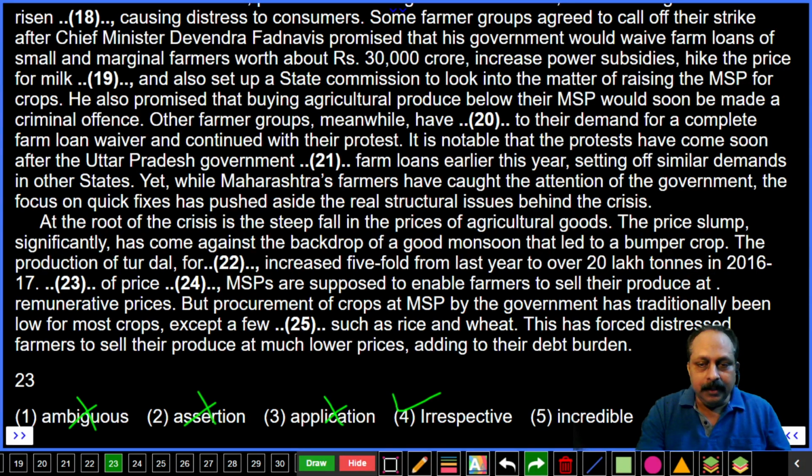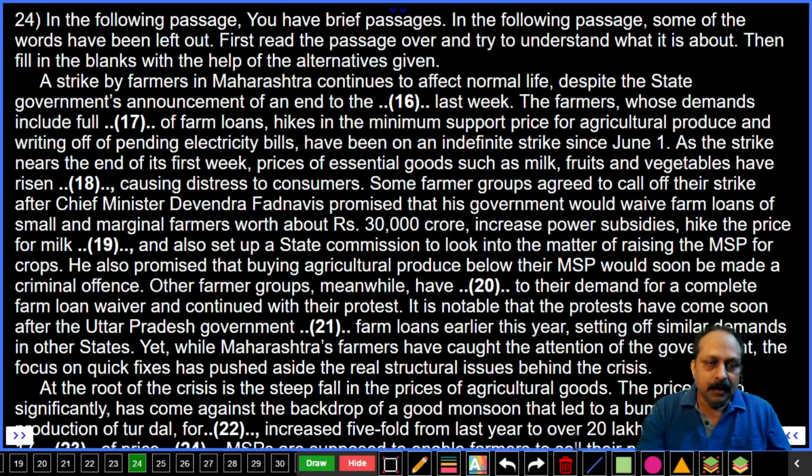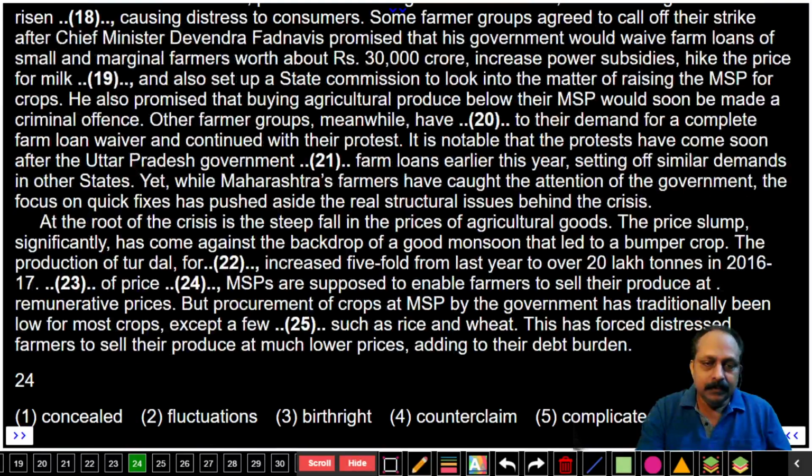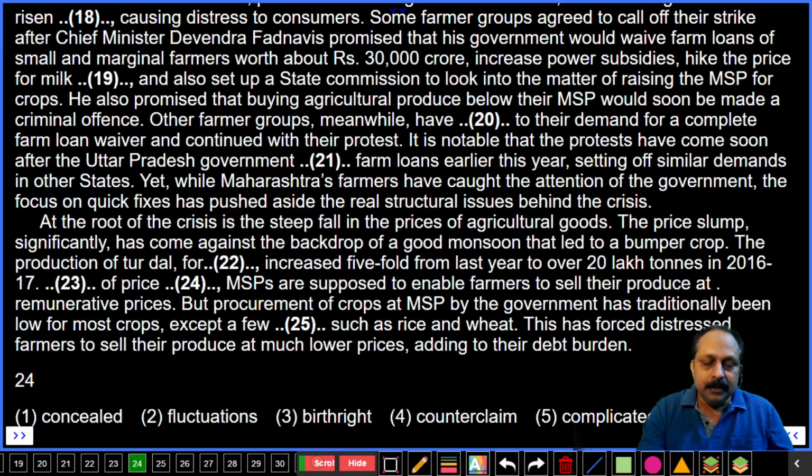Now, one more blank is there, 24. Here it is the fourth option, irrespective of price. Concealed fluctuations. MSPs are supposed to. These are all, as I said, irrelevant words. Irrespective of what? Price fluctuations, changes. The answer is the second option.